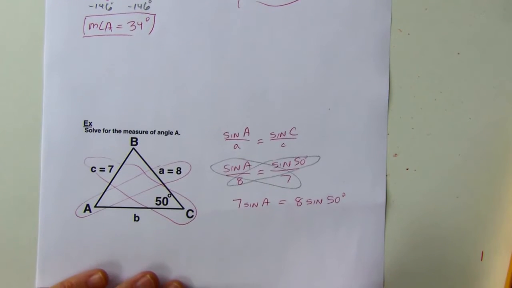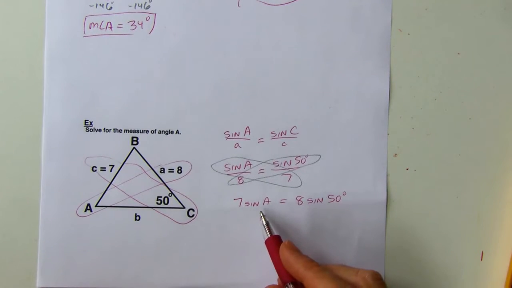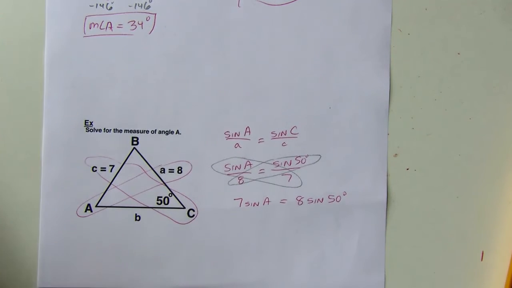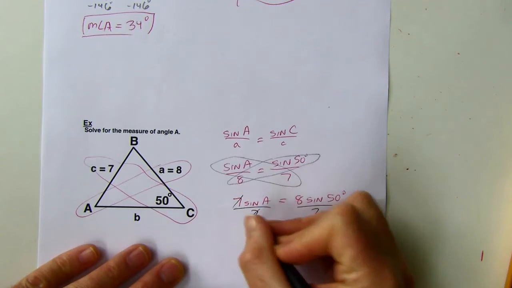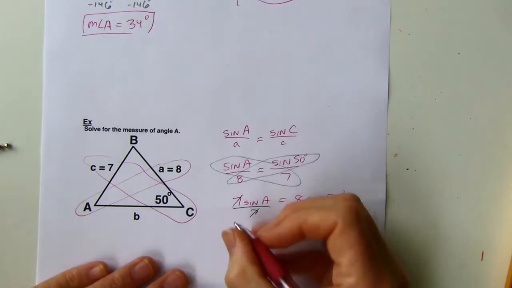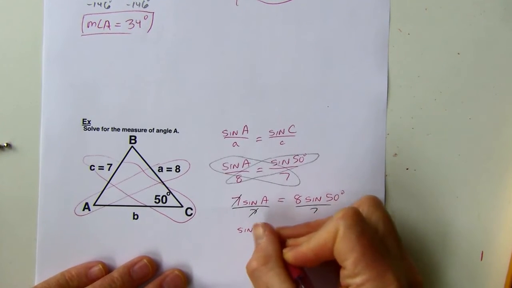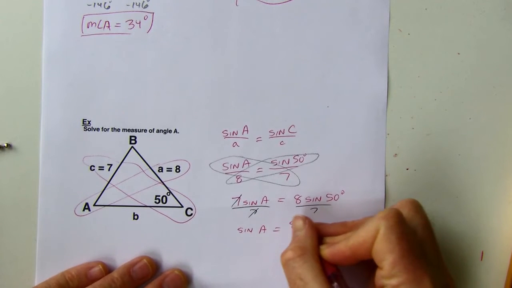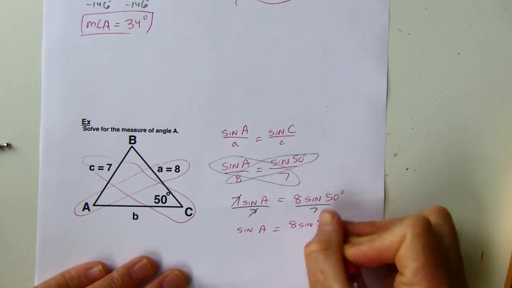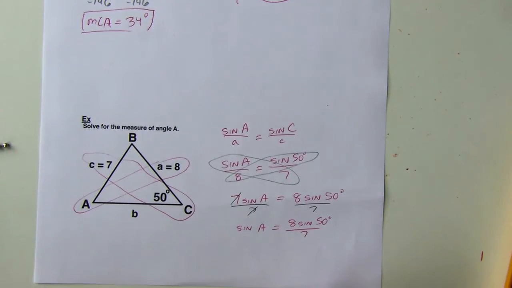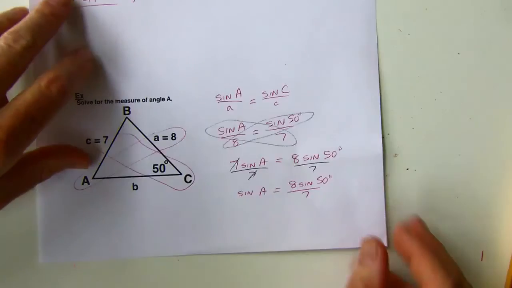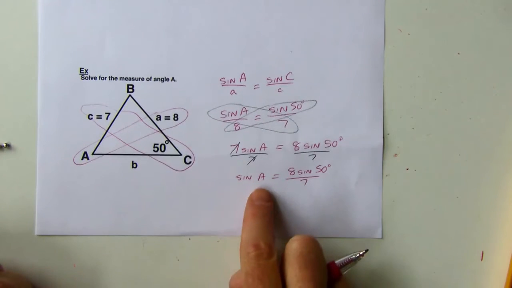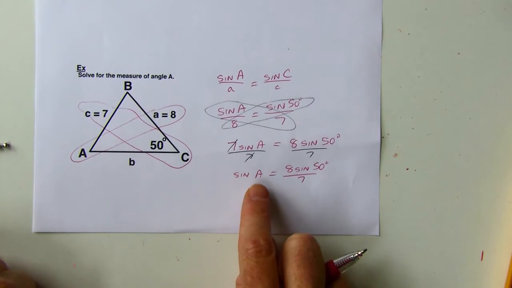Okay. All right, so I'm trying to solve this for A. So I can start by dividing both sides by 7, because then those 7's cancel. Now, ultimately, I'm solving for A, and the only way to get it out of this sine function is to use inverse sine.